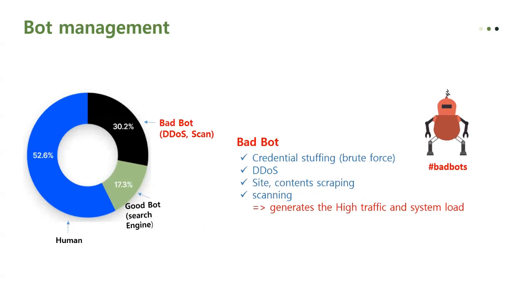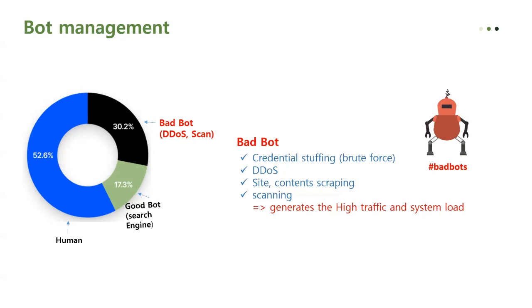So please see the left image. According to the report, only 52% of the web access is from the normal browser and 17% from the good bot, such as search engine or monitoring tool. But 30% of the requests are from the bad bot.